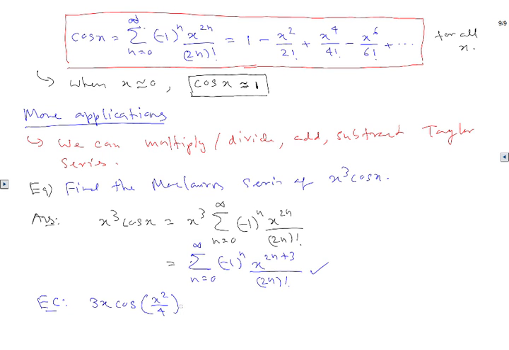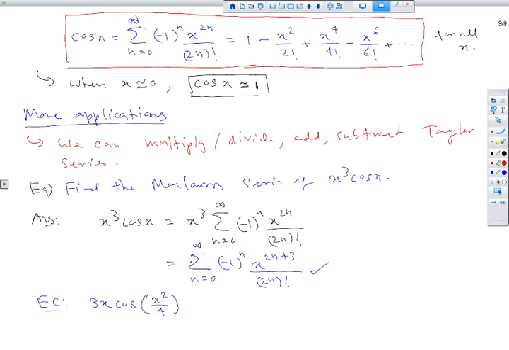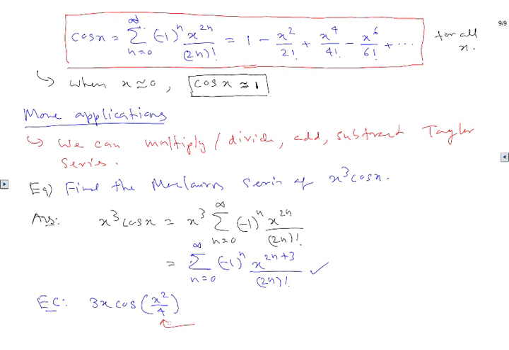Go to the cosine series and wherever you see x, plug in x squared over 4. Then multiply by 3x, simplify, bring everything inside the sum, and you'll get the expansion. You can try this one for an extra credit problem.